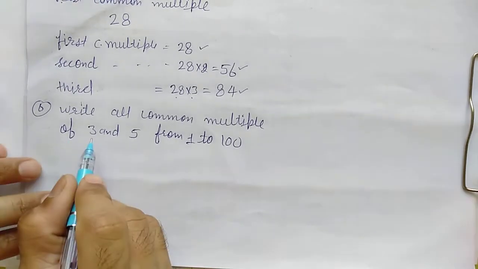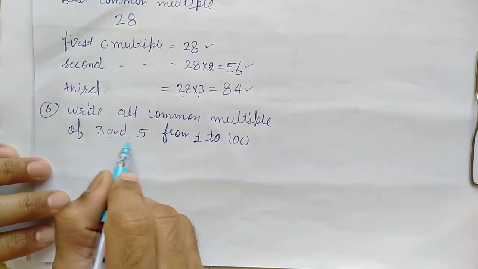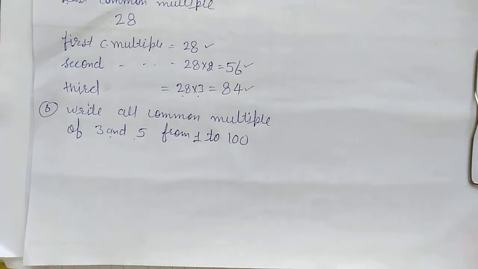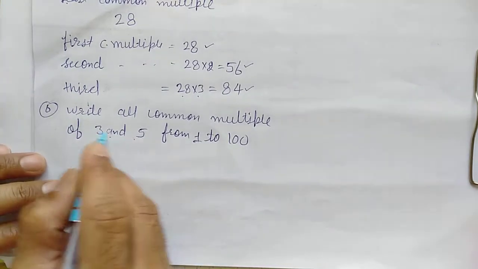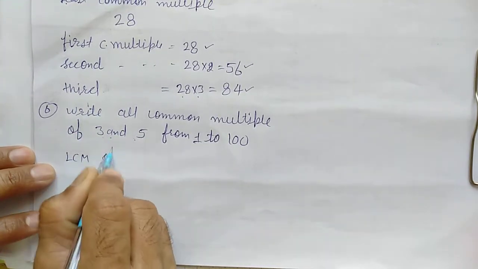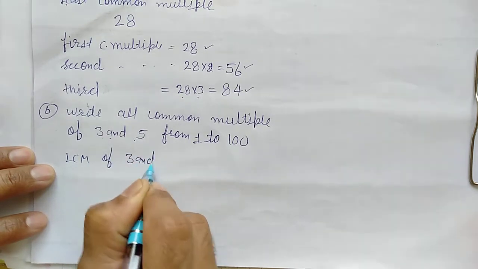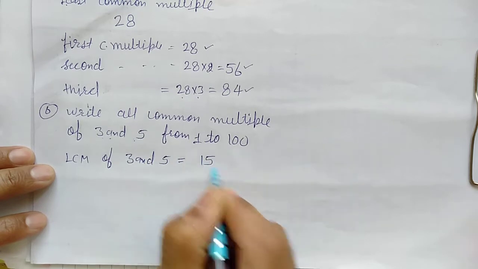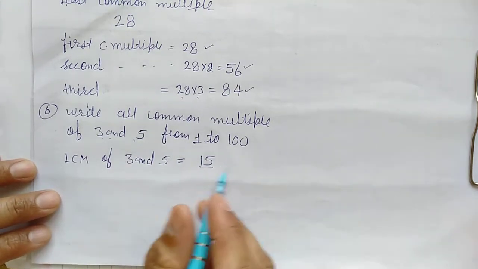So now for finding all multiples, first of all we will have to find the least common multiple, that is LCM. So LCM of 3 and 5 is equal to 15. 3 fives are 15. LCM is 15.